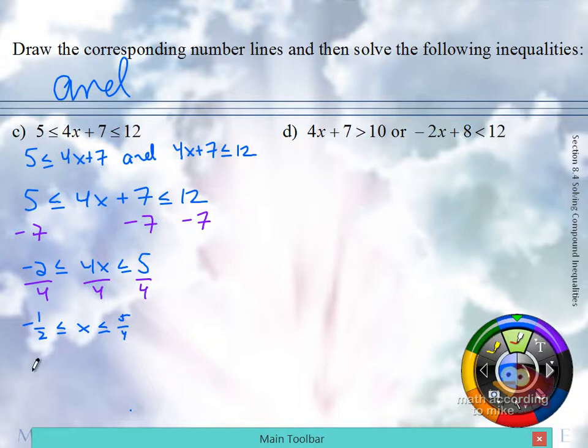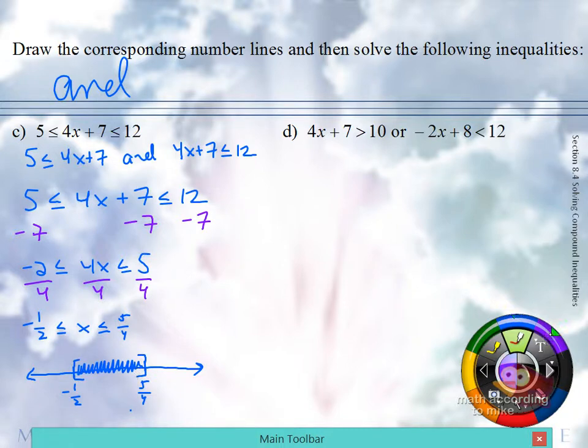And if you recall, all you had to do for your graph was realize that x is between, in this case, negative 1/2 and 5/4. So this is the section we want. Inclusive or not inclusive? Inclusive.